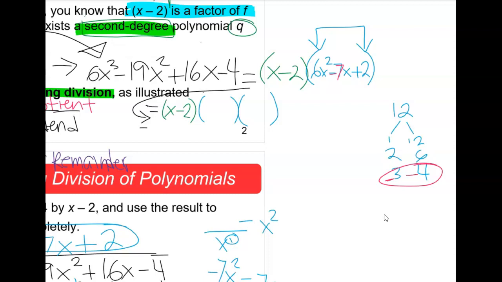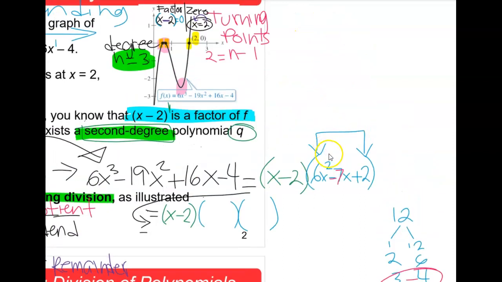So what I'm going to do is take that polynomial, this polynomial, and let me use up here above the problem. So we have 6x squared minus 7x plus 2, and we're trying to factor it. So we're going to say that this term in the middle is going to be negative 3x minus 4x.